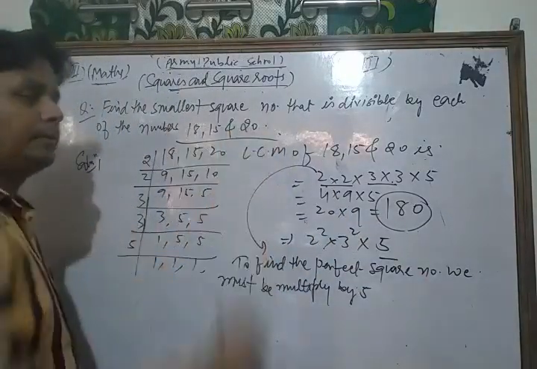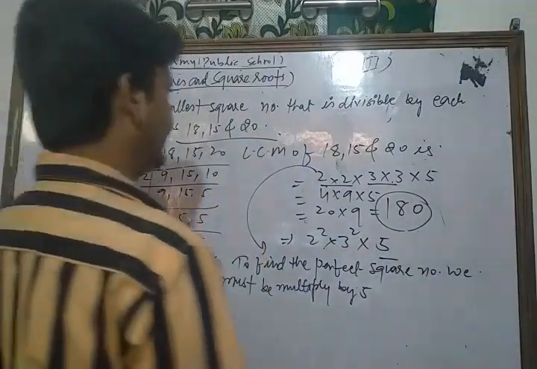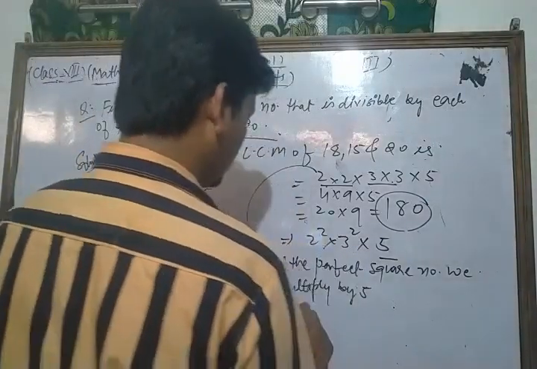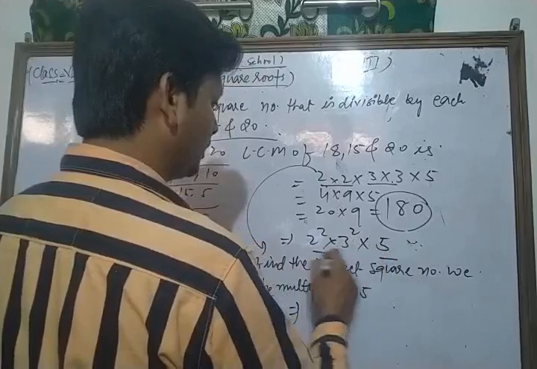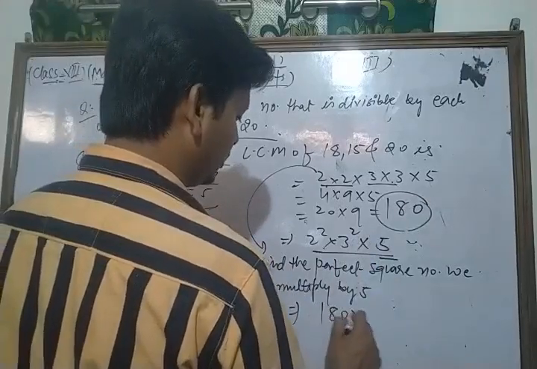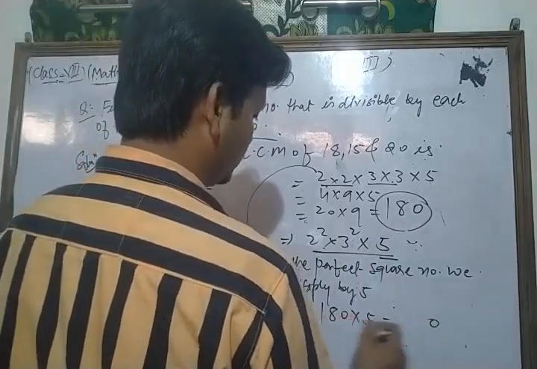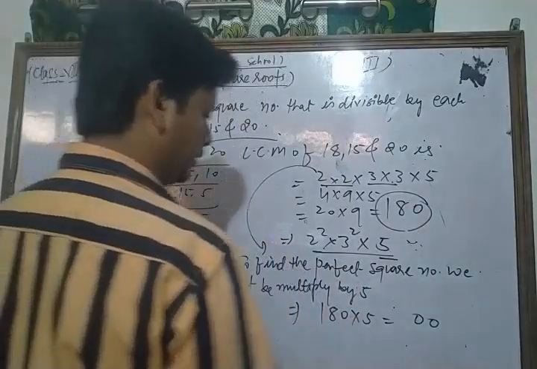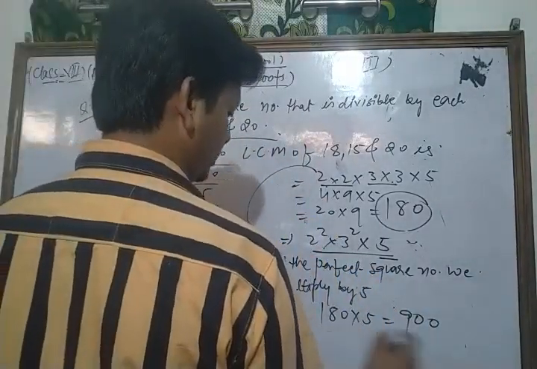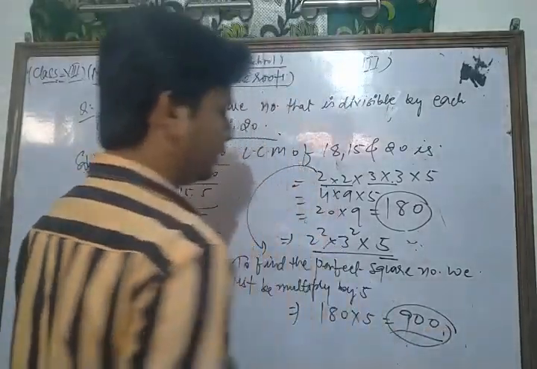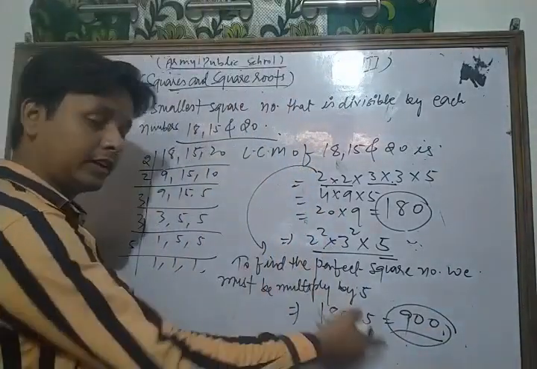So that number is exactly divisible by 18, 15 and 20. The required number is 180 multiplied by 5, which is 900. So 900 is the required number, which is a perfect square.